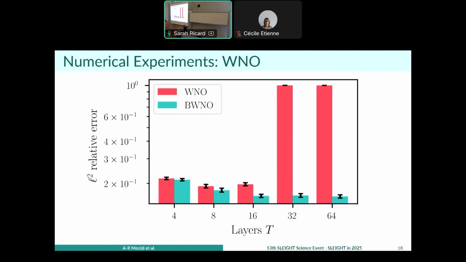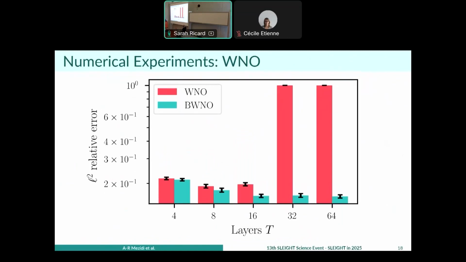Moreover, we also did the same experiment. I've told you that we could use the Fourier transform, but we could also use it with the wavelet transform. So we did the same experiment with the wavelet neural operator, comparing the standard model with our model, and we observed the same type of results.